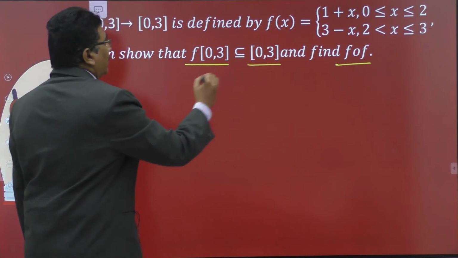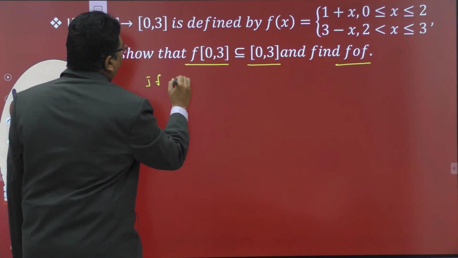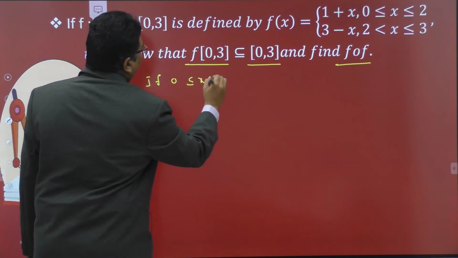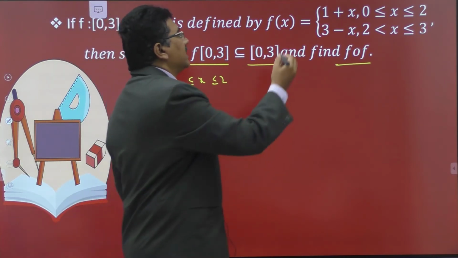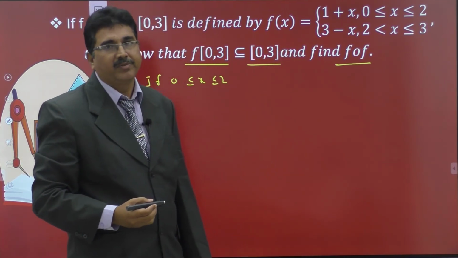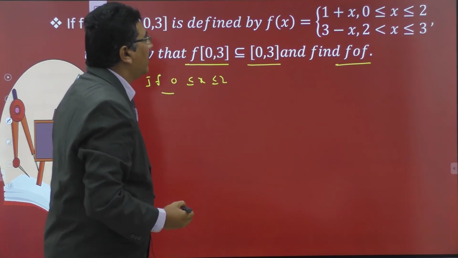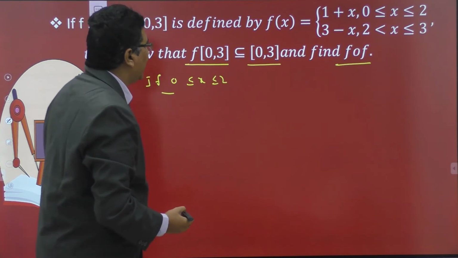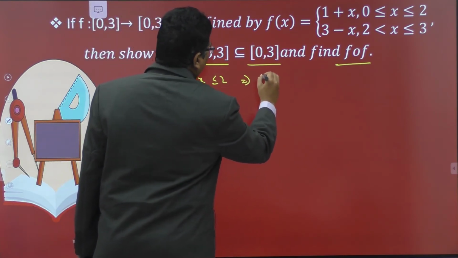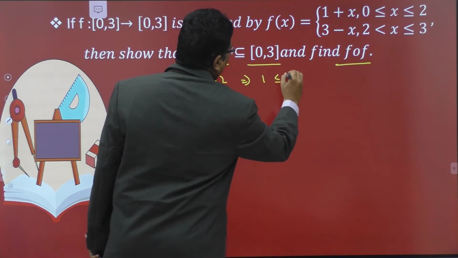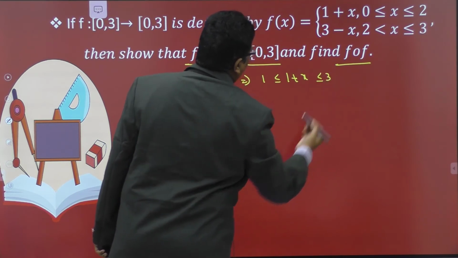Right. If 0 less than or equal to x less than or equal to 2, then 1 plus x lies between, simply adding 1 to the inequality, 1 plus 0 less than or equal to 1 plus x less than or equal to 3.